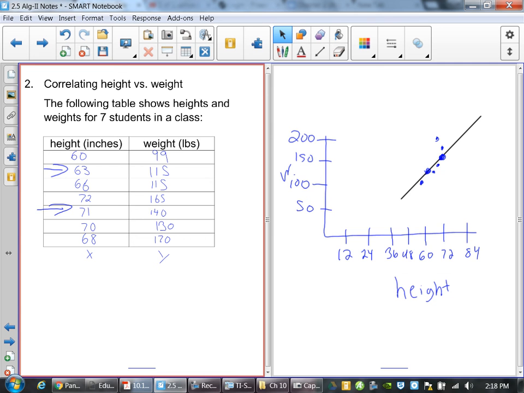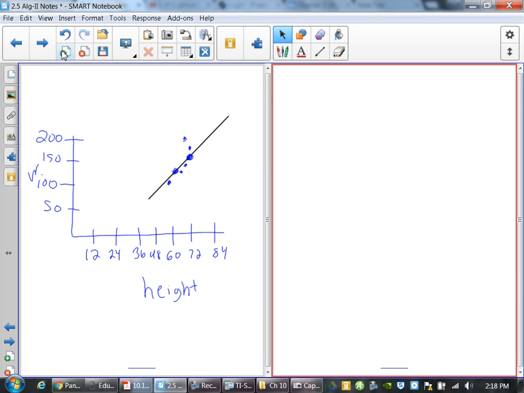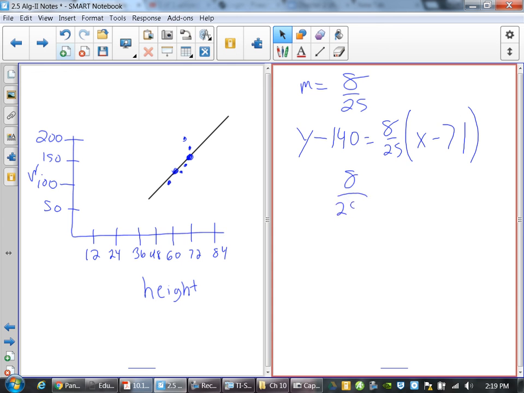So I'm going to go with point-slope form here. I'll go to a clean page so you guys can see where I'm going. So I have a slope of, what did I say, 8 over 25? So y minus, let's use 71 and 140. So y minus 140 is 8 over 25 times x minus 71. So it'd be 8 over 25x minus 8 times 71 over 25 plus 140.